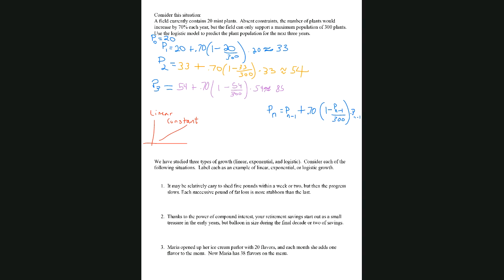Then we talked about exponential growth. And for exponential growth, what happened was things started growing at a nice pace. But then as we got further and further along in time periods, the growing started to increase rapidly, right?